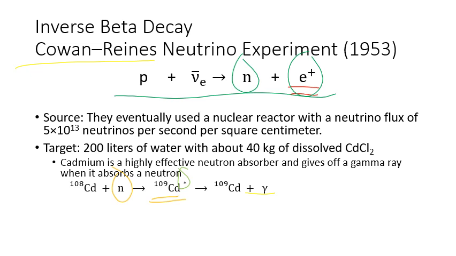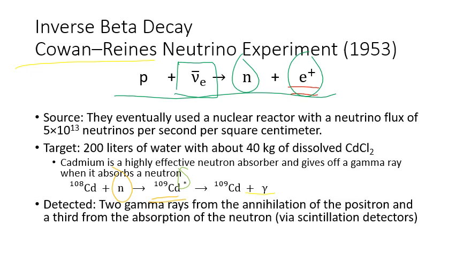If we set this experiment up and we see these sets of 3 gamma rays coming out, then we know anti-electron neutrinos must exist. That's just 2 gamma rays from the annihilation and the 3rd from the absorption of the neutron. And scintillation detectors are things that flash when they're hit by gamma rays.